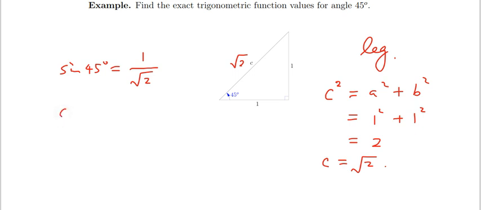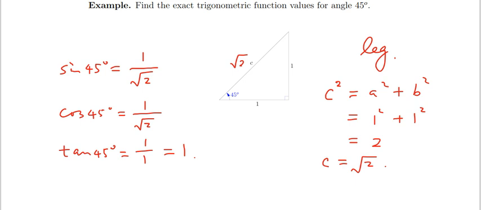And what is the cosine? Cosine of this angle equals the adjacent side over hypotenuse, that's also 1 over radical 2, right? And the tangent equals 1 over 1, equals 1.